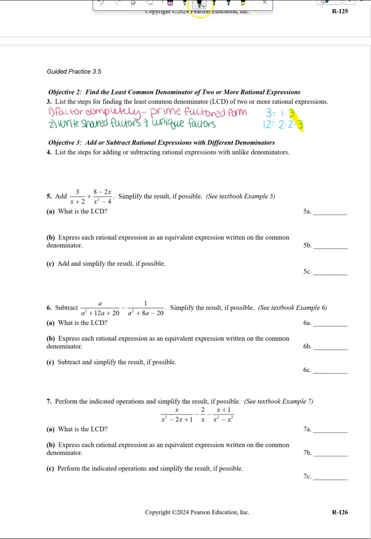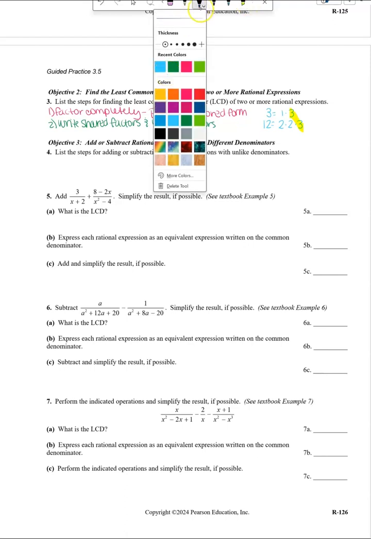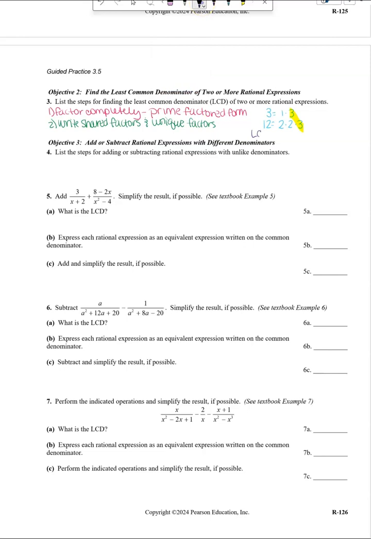So when we find the least common denominator, we're going to list the 3's, because that's what they share. And then we have a 1, but then we have a 2 times a 2 times a 1. So we multiply all these together. 3 times 2 is 6, times 2 is 12, times 1 is 12. So 12 is our least common denominator between 3 and 12.